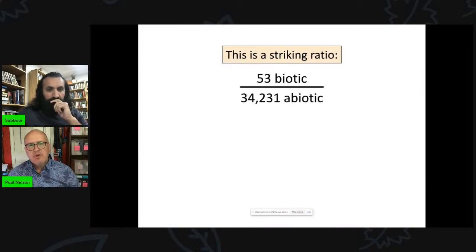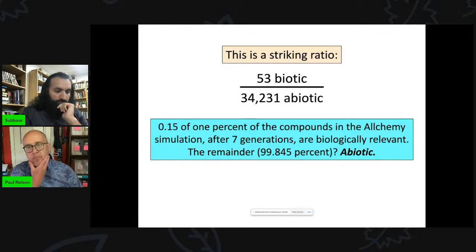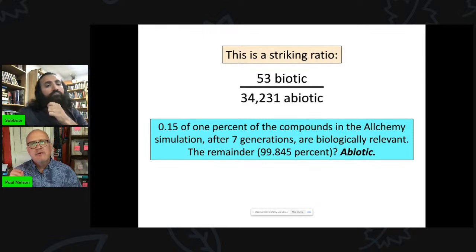Let's look at the ratio here. 53 of the products were biologically relevant. Over 34,000 were not. What does that mean? What that means, among other things, is that living things are highly selective with respect to chemistry. For instance, amino acids.